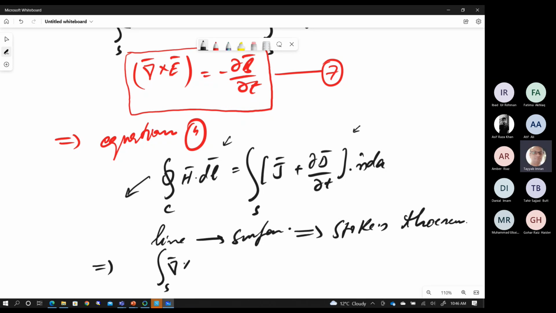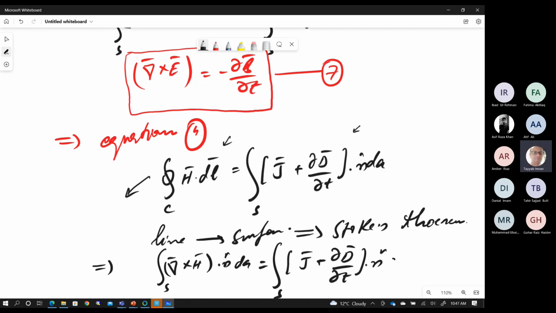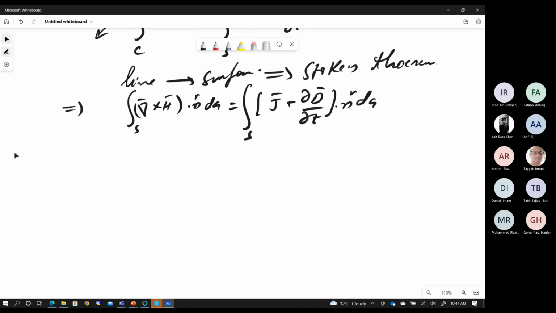The right side stays as it is. So we can see this is a surface integral, this is a surface integral.